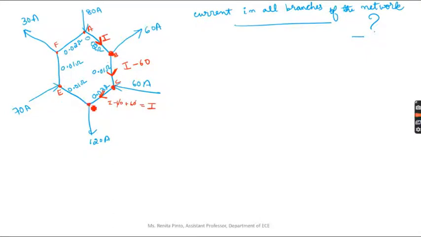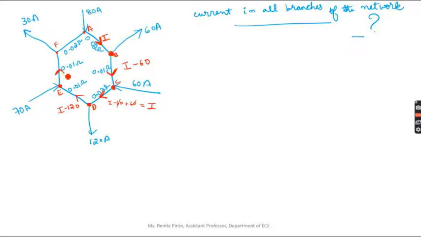Next, here at this point, you can see current I is flowing inside, 120 is flowing outside. That means this current will be I minus 120. Now again at node E, what happens is I minus 120 is flowing inside, 70 is also flowing inside.